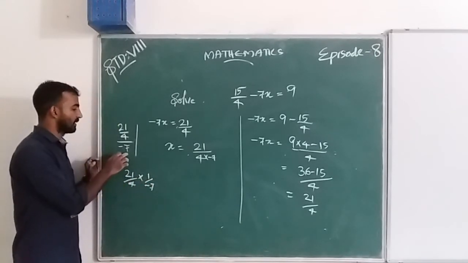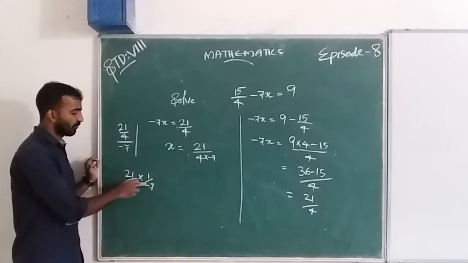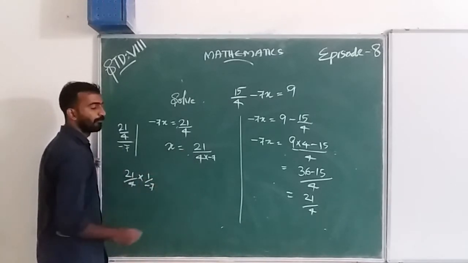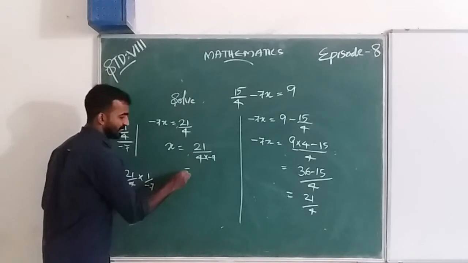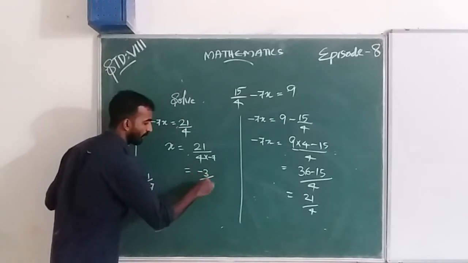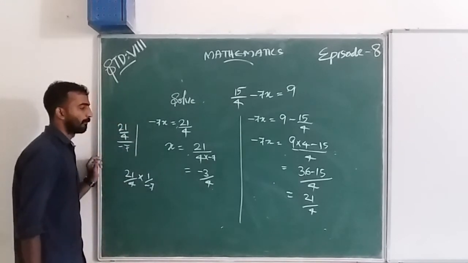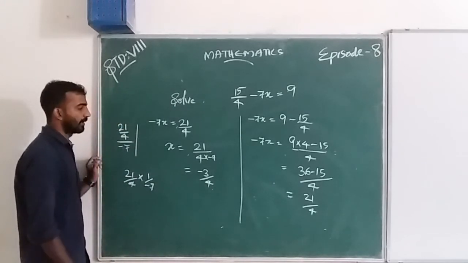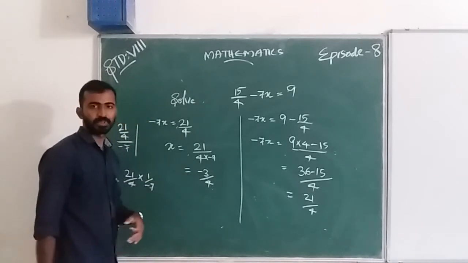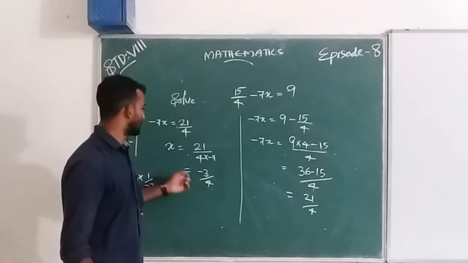The reciprocal of negative 7 is 1 by negative 7. That is 21 by 4 into 1 by negative 7, we get negative 3 by 4. Is it negative 3 by 4? x equals negative 3 by 4. This is the answer, or this is the value.